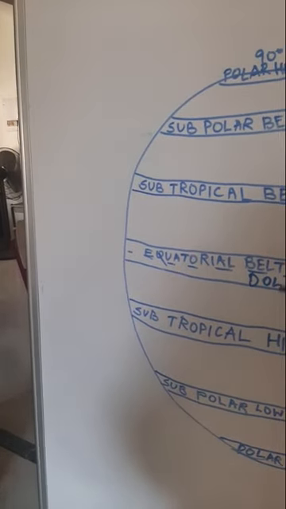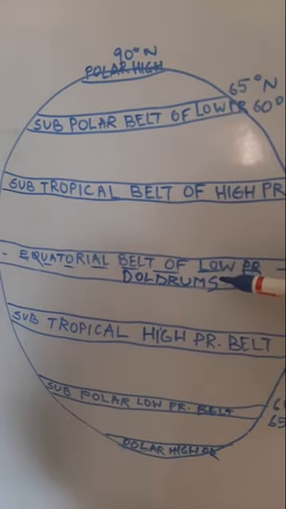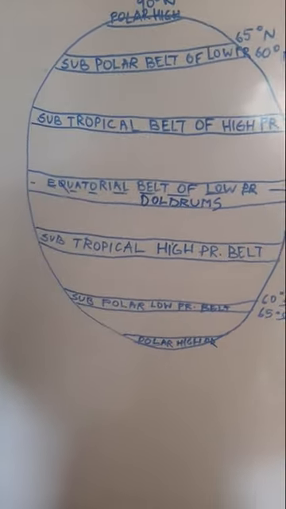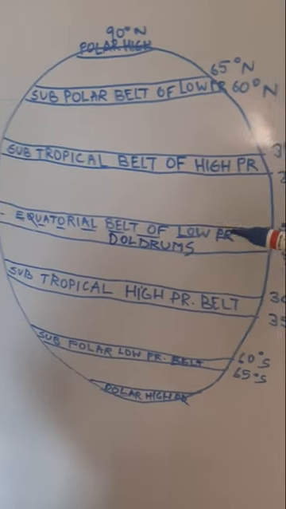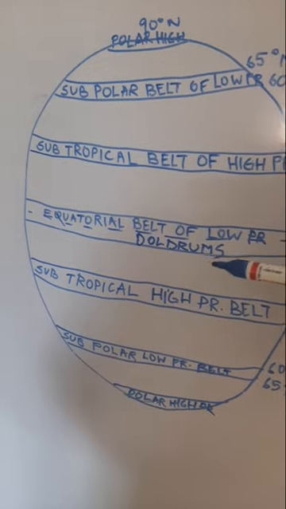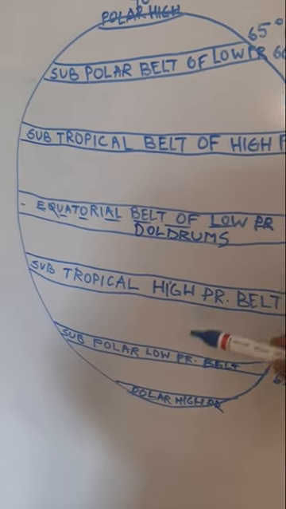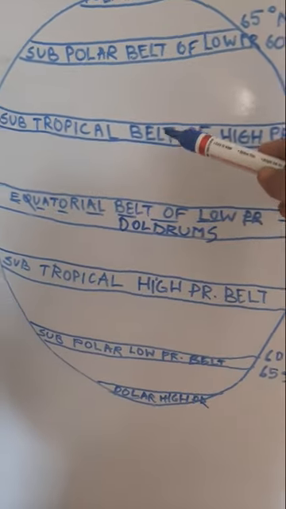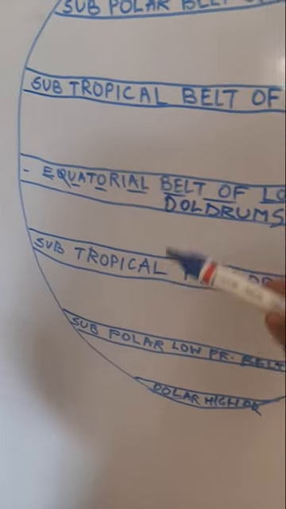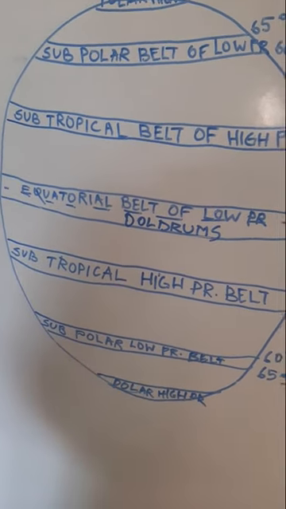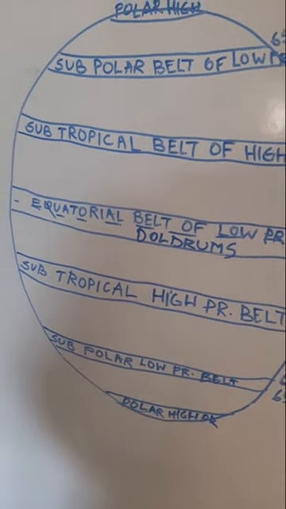The hot air that rises from the equatorial zone is lighter, but this hot air settles down in both the subtropical belts. So there is more air in this subtropical belt and this subtropical belt. Now this more air creates higher pressure.